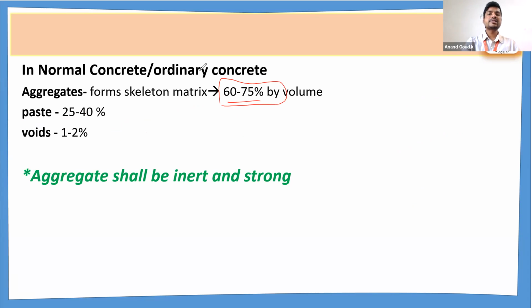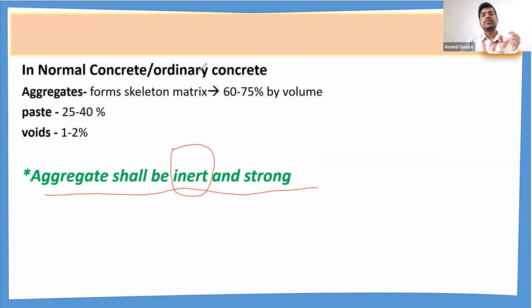Coming to the next point here, aggregates shall be inert and strong. What do you mean by inert here? Inert is nothing but it cannot react with any other materials. It should not react with any other material. That is inertness, right? So these aggregates are not going to react with any other material like cement or water.